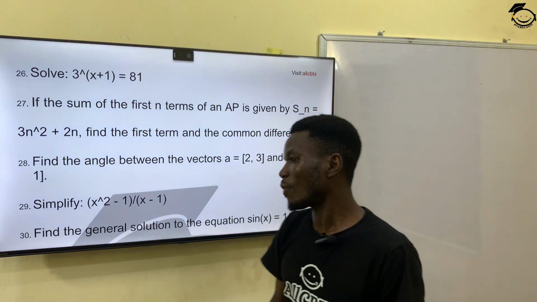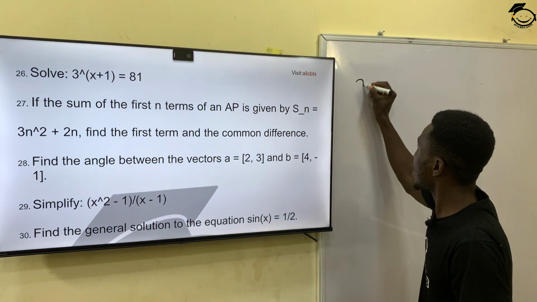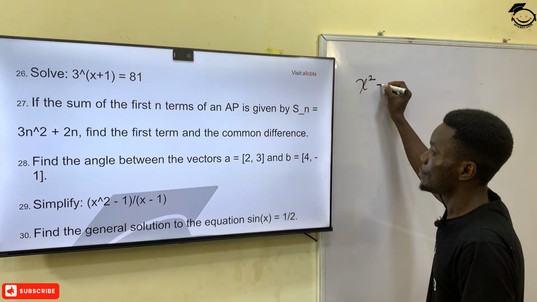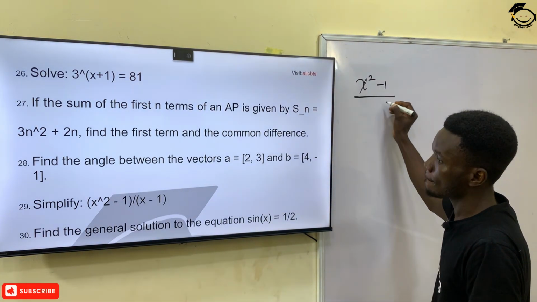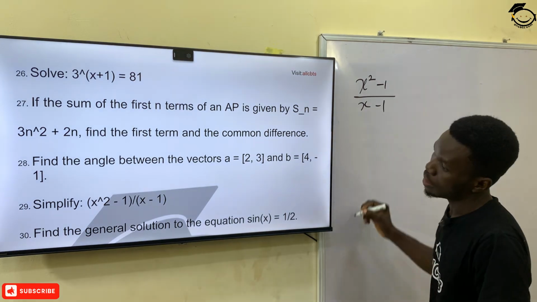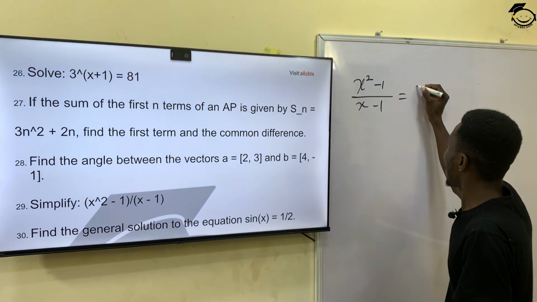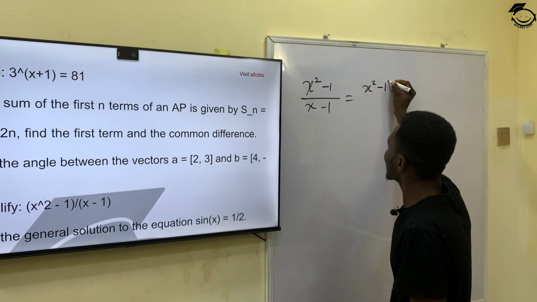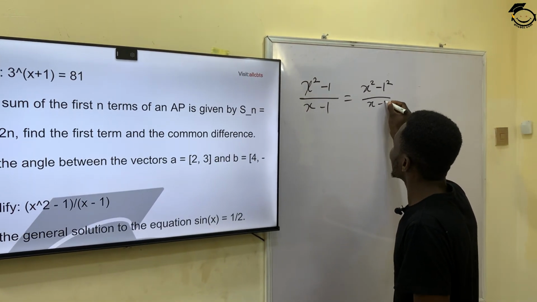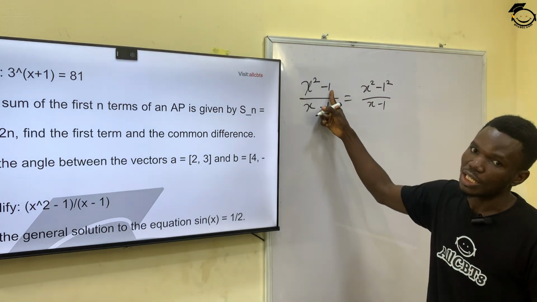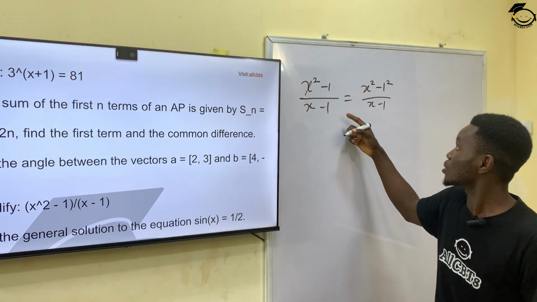So moving on, that takes us to question number 29. We are asked to simplify x squared minus 1 over x minus 1. So this is the question we are given. This can be rewritten to mean that I have x squared minus 1 squared over x minus 1, because 1 here is a perfect square on its own, which is 1.